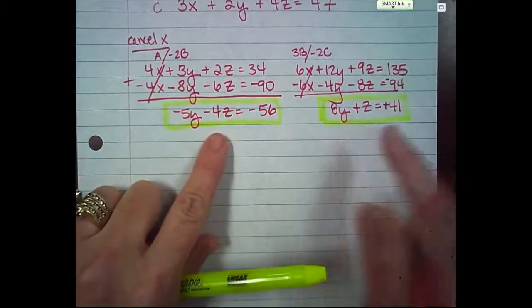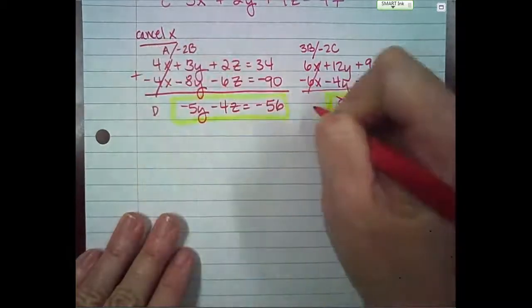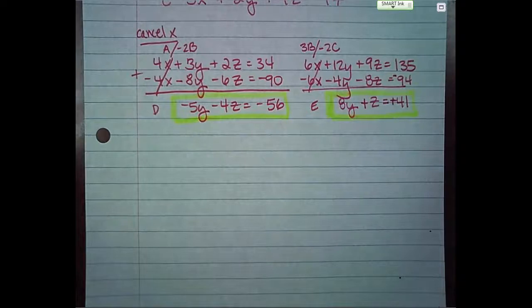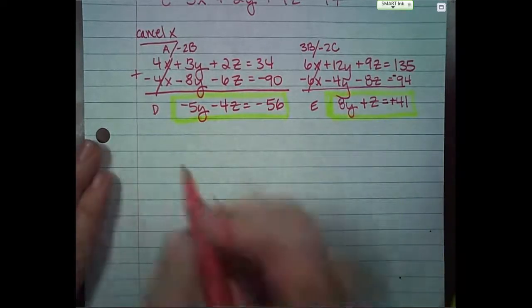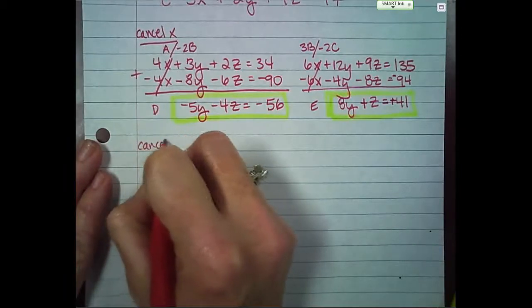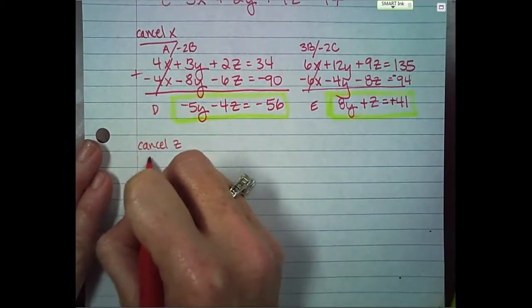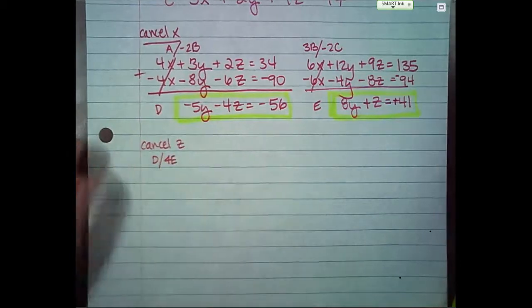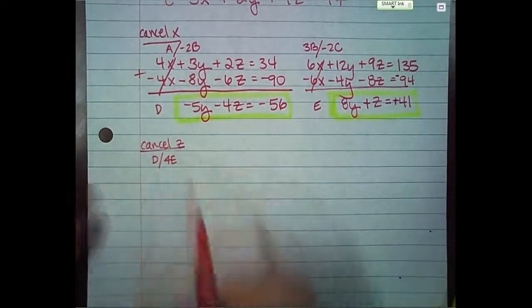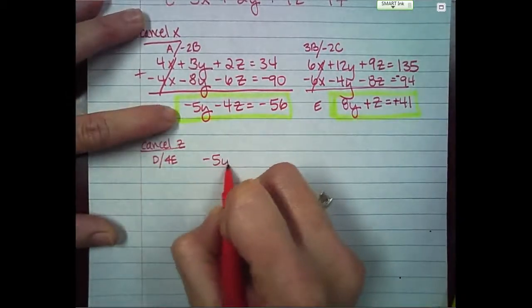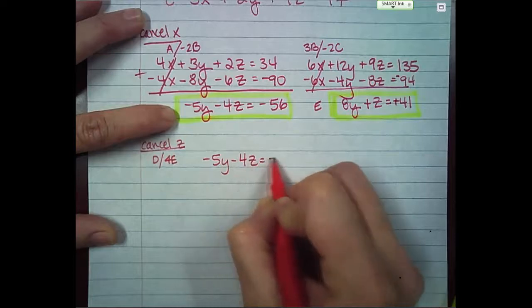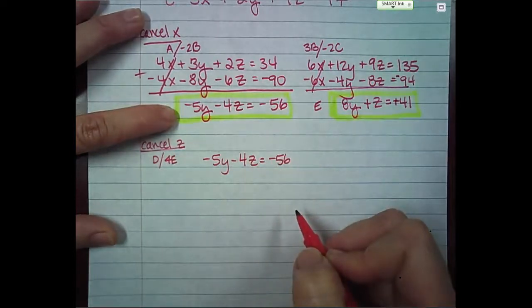We're going to label this D and E. Is there anything that just cancels real pretty without any work? No, of course not. So why don't we multiply this E by what? 4. Okay. So I want to cancel Z, and what am I going to use? D and 4E. You have to write it. So D stays the same, and you need 4E.